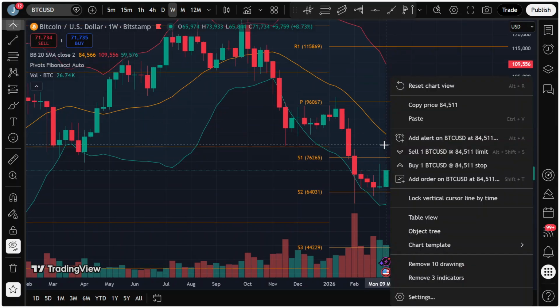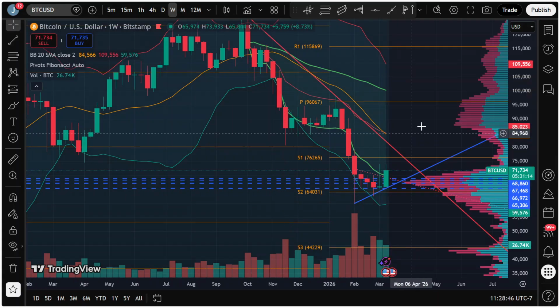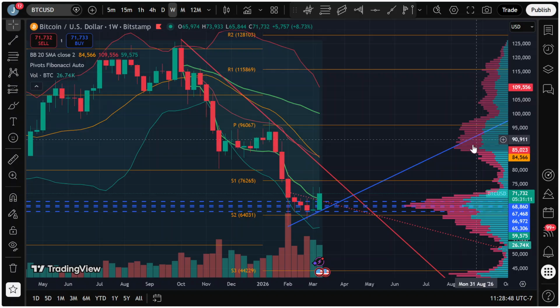We also have to think about it just from the logic and the psychology of it. Most of the bulk of buyers are either right where we are right now, according to the anchored volume profile, or we have a significant amount of buyers from about 86.5 to about 98.9.